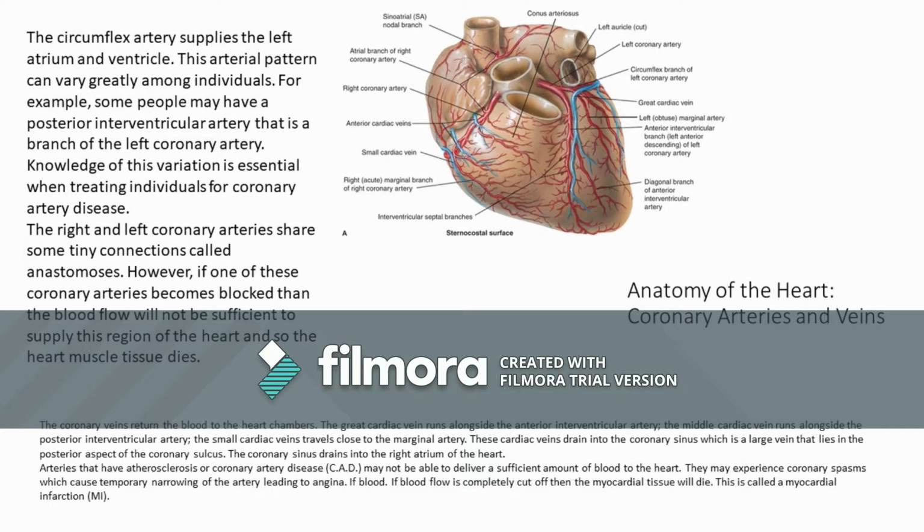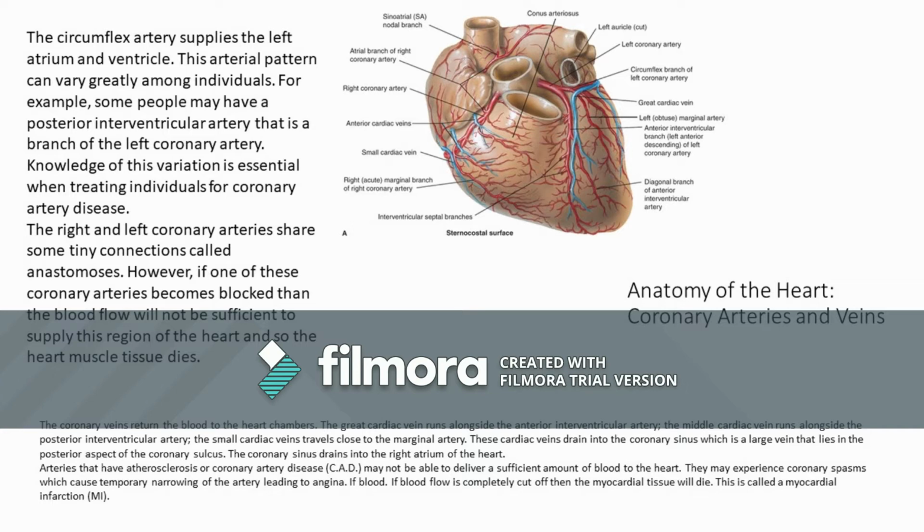This arterial pattern can vary greatly among individuals. For example, some people may have a posterior interventricular artery that is a branch of the left coronary artery. Knowledge of this variation is essential when treating individuals for coronary artery disease.